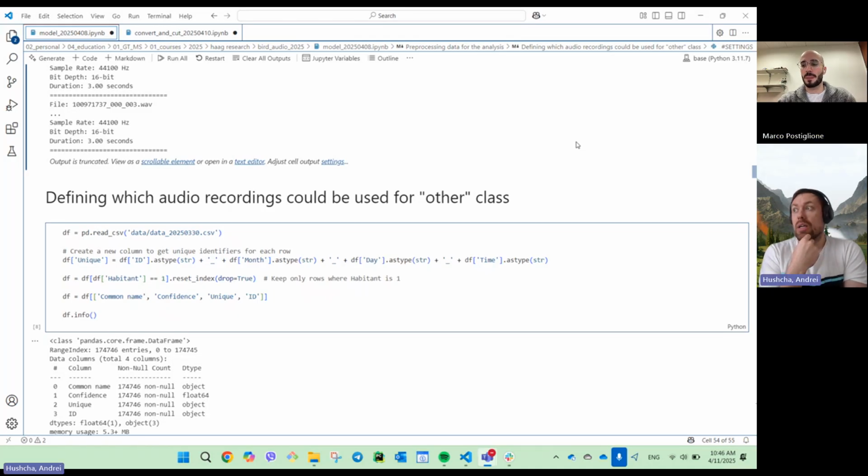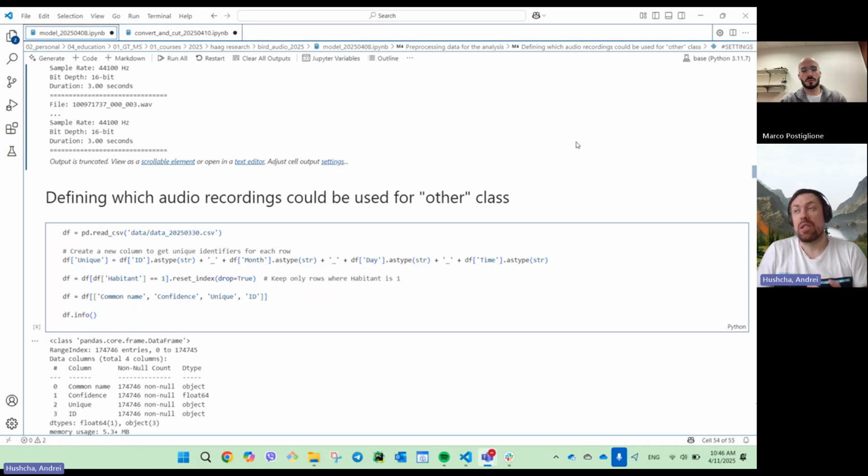Great question. We're not sure about the accuracy of BirdNet. Also, in this case, we have to define the confidence level. Is it 0.5, 0.6, 0.8, 0.9? We don't know. So this is a kind of empiric confirmation that we can classify the Hume's Warbler.